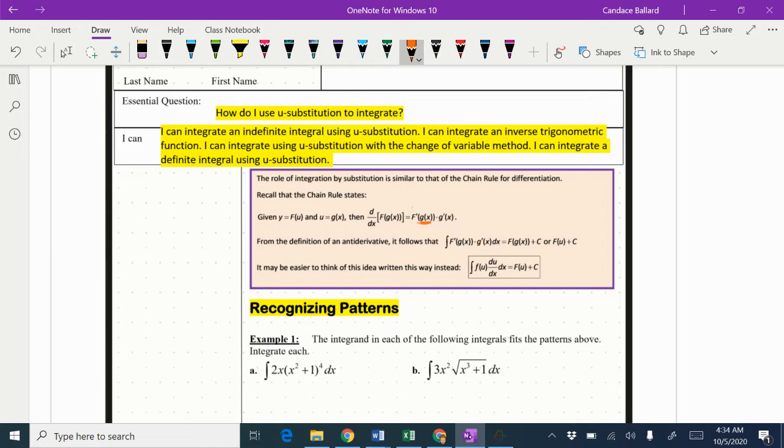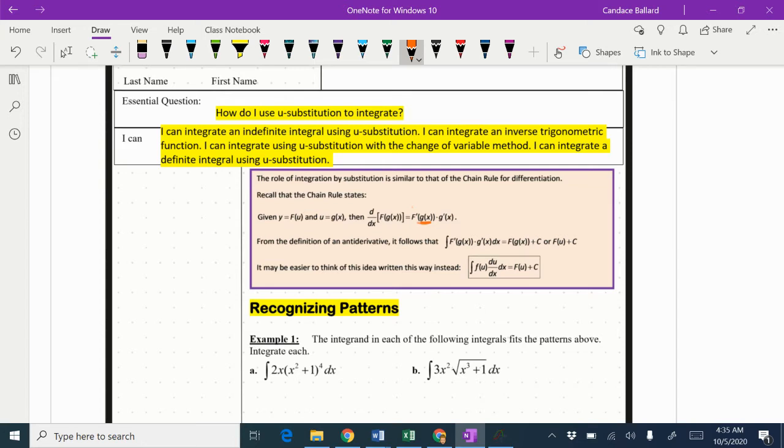So from the definition of antiderivative, it follows that when I take the derivative of the outside composed with the inside times the derivative of the inside, when I integrate that, I get f of g of x plus c, or f of u plus c.